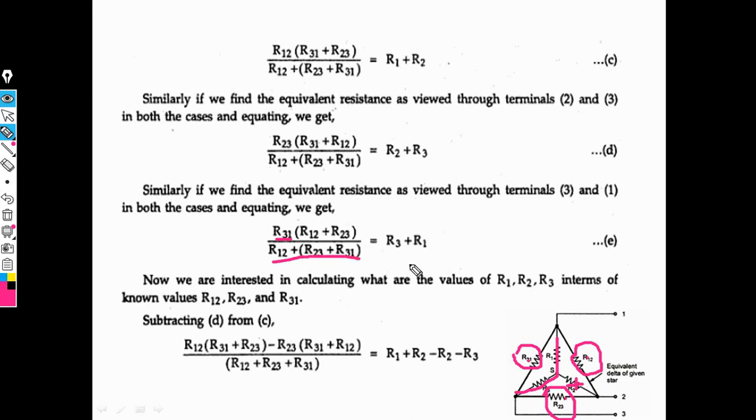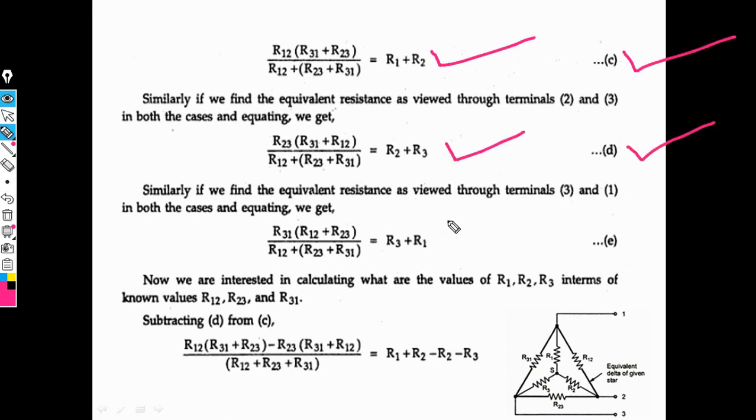This is for R3 plus R1. Now this is the procedure for R1 plus R2, R2 plus R3 and R3 plus R1. This equation is called equation C, this is equation D, and this is equation E.